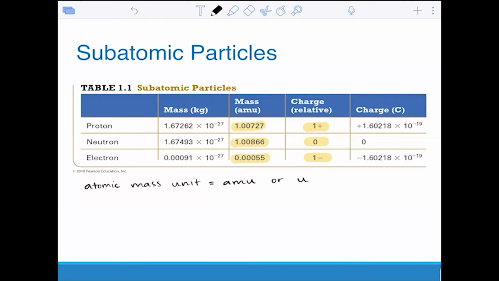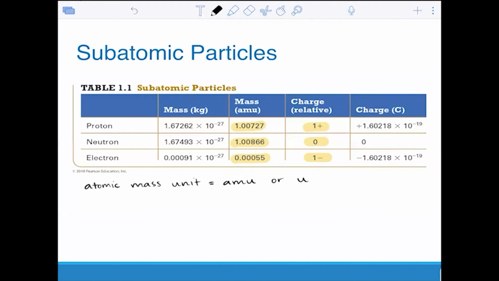There's no way we're going to measure that on a scale. So as we dive into this video, we'll see how we can actually measure things in the lab, but most often in our theoretical purposes, the mass in AMU will suffice.